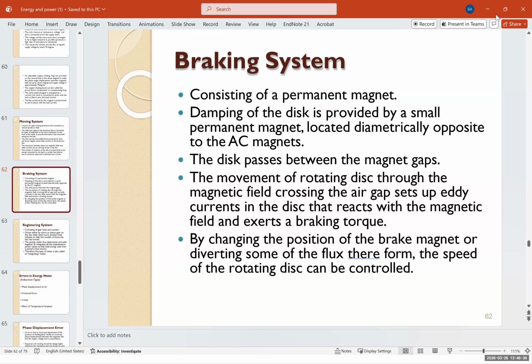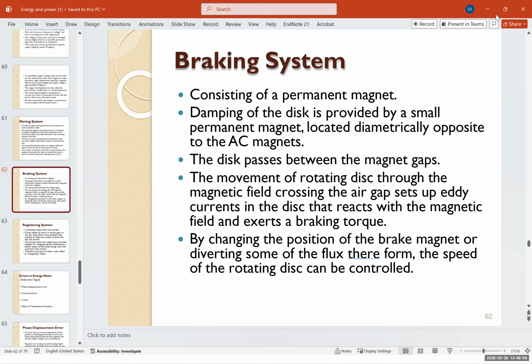So the braking system consists of a permanent magnet. It's the damping of the disc. It provides a damping of the disc by a small permanent magnet located diametrically opposite to the AC magnet. The disc passes between the magnet gaps.